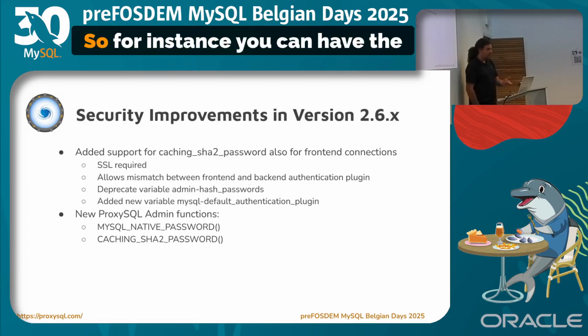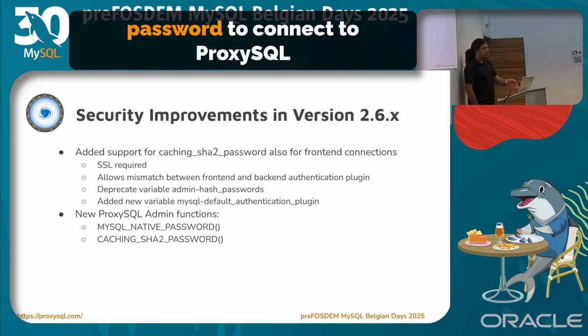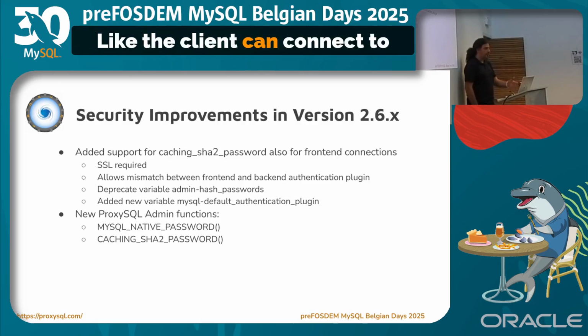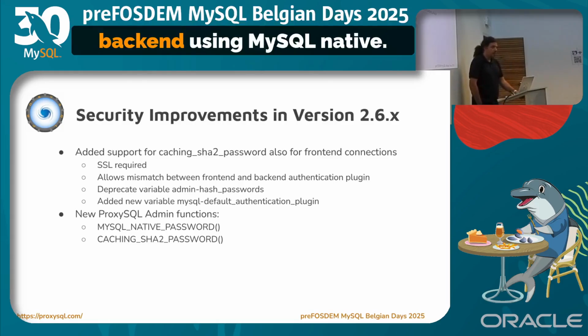This means that currently ProxySQL allows client and backend to have different authentication plugins. For instance, you can have a client that's using MySQL native password to connect to ProxySQL, and then caching SHA-2 to connect to the backend, or vice versa. The client can connect to ProxySQL using caching SHA-2, and ProxySQL can connect to the backend using MySQL native.